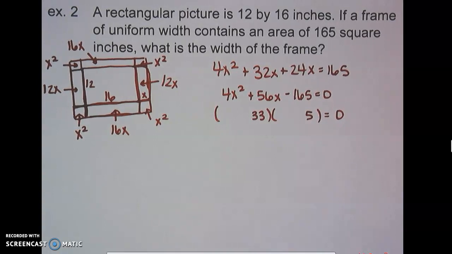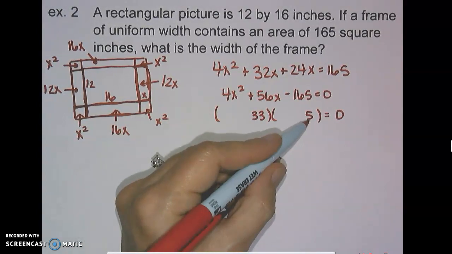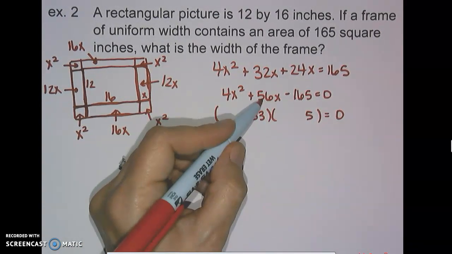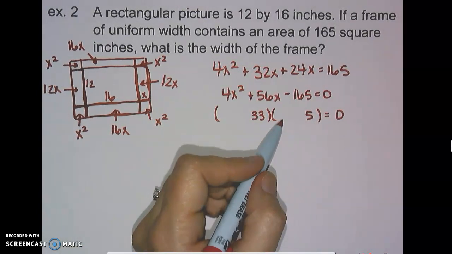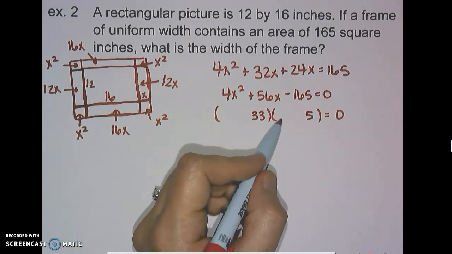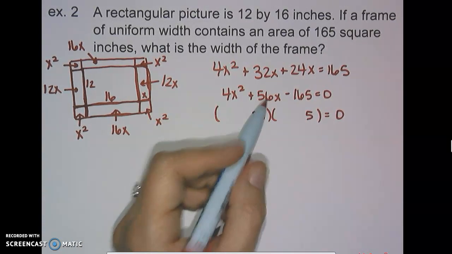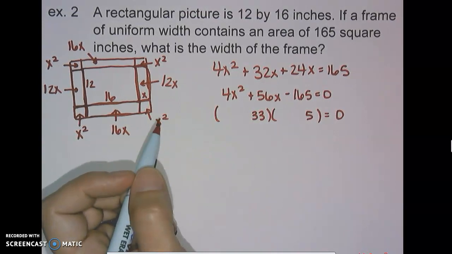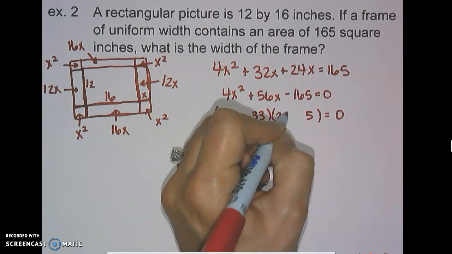So if I'm going to use 5 and 33, and you could have put those in any order you wanted to, I'm going to try and figure out, do I want to put 4x and x? Well, that would give me 20, and 33 is not going to give me 56. If I change it and do 4 here, 4x and x, that would give me 5 and a number that's way bigger than 56. So I'm not going to use 4x and x. Let's try 2x and 2x.